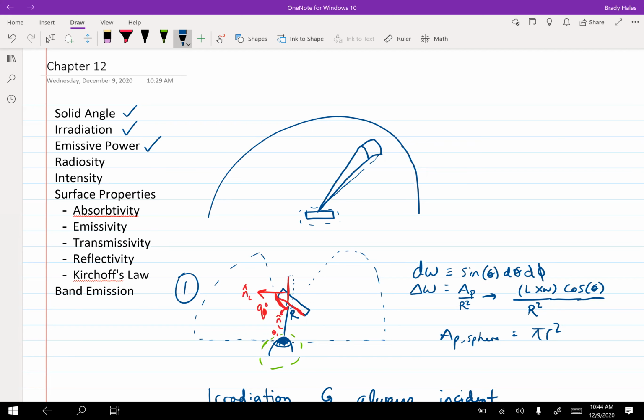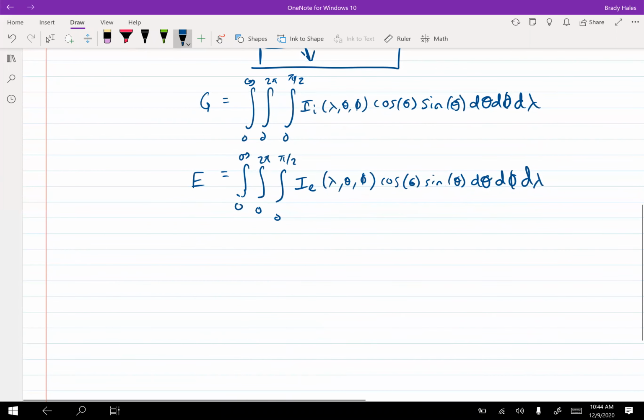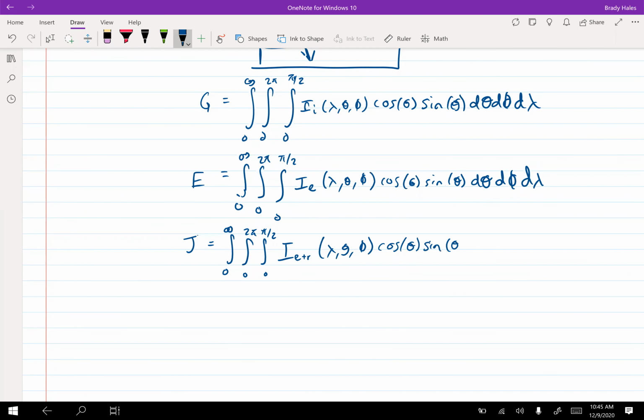Now we go to radiosity. Likewise, only the subscripts change. 0 to pi halves. Radiosity is now emitted plus reflected, lambda, theta, phi, cosine theta, sine theta, d phi d lambda.